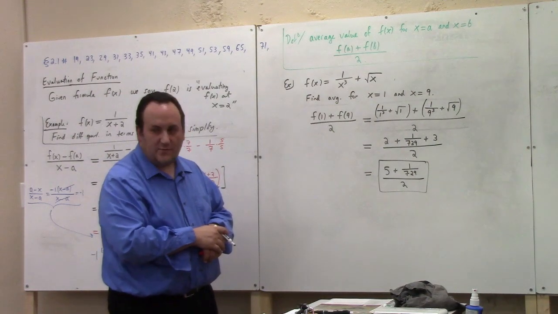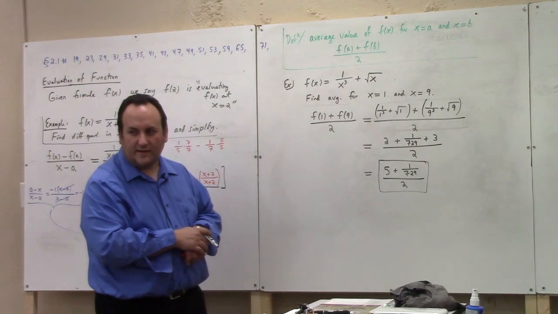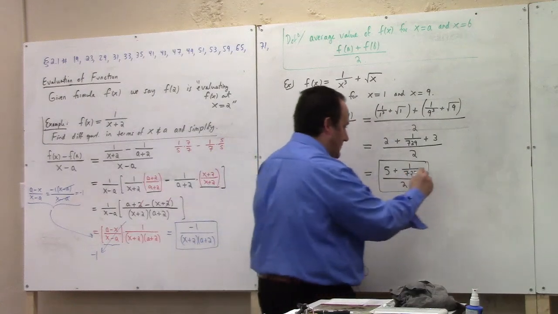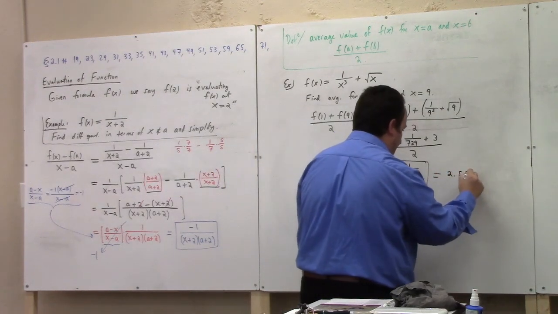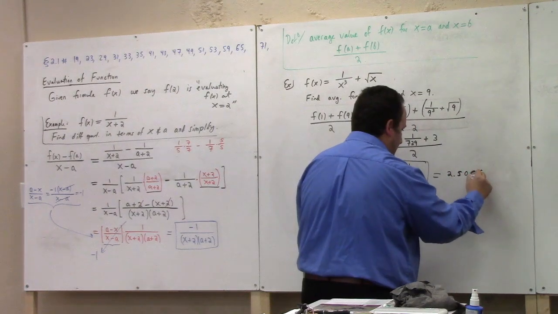It's close to 2.5, but it's a little bit more than that. Give me a couple digits past that. 2.5 what? 2.50068.